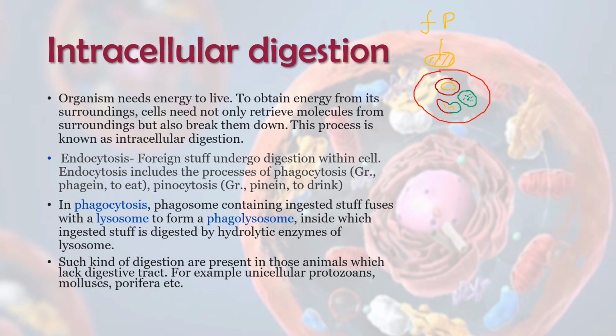which is then used by the cell, because now it is in its simplest form. The other way is that lysosomes also help in lysing intracellular components that are non-functional or beyond repair. Suppose again this is our cell having a nucleus, and this is a mitochondrion which is now non-functional.